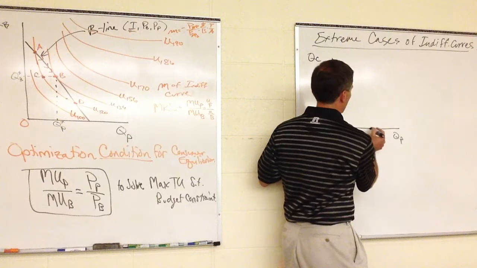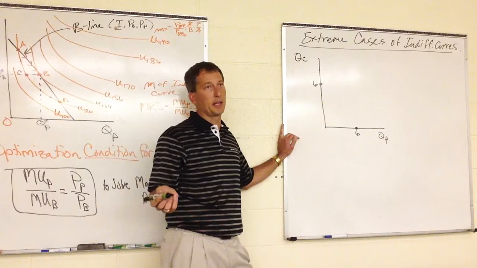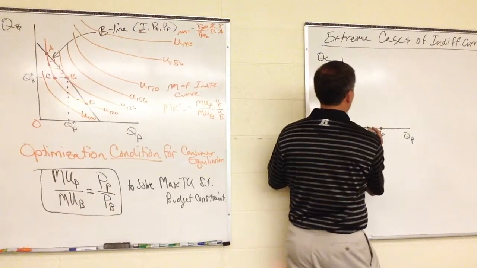So 6 cans of Pepsi would work. What would be another combination that would make Adam equally well off? 3 and 3, and then anything in between.